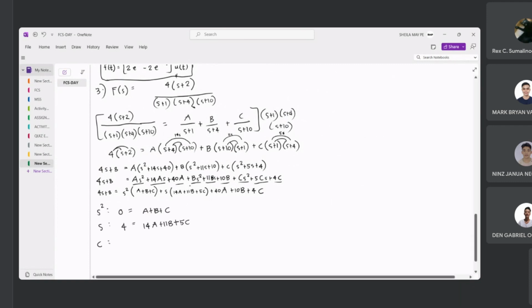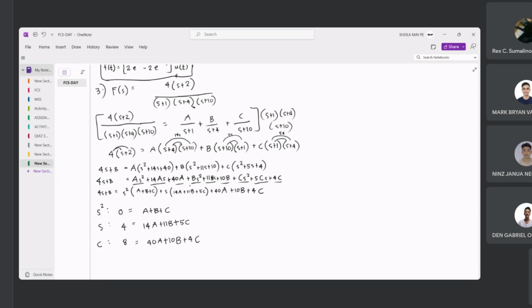And for the constant, we have 8 on the left side, 40A plus 10B plus 4C on the right side.